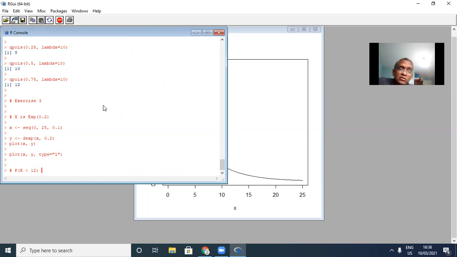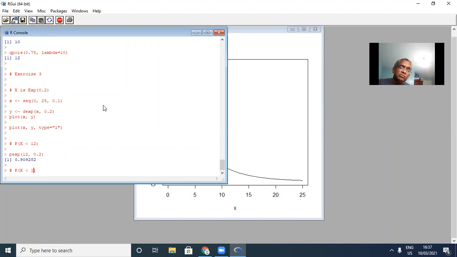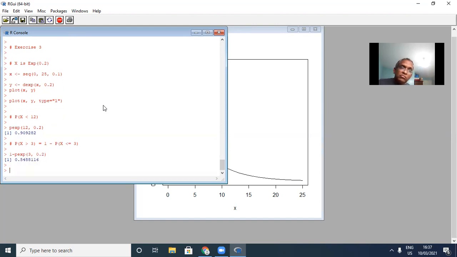So to find the probability that X is less than 12, you say P exponential, P stands for probability, at 12 with parameter 0.2. Now to find the probability that X is greater than 3, you can write this as 1 minus the probability that X is less than or equal to 3. So this is 1 minus P exponential at 3 with parameter 0.2.